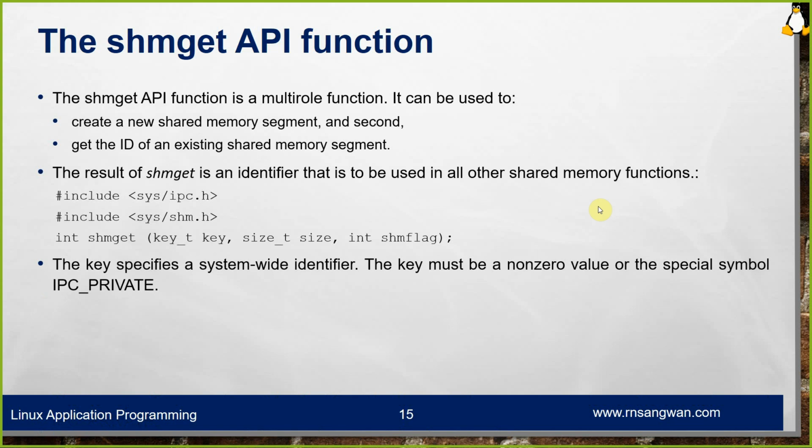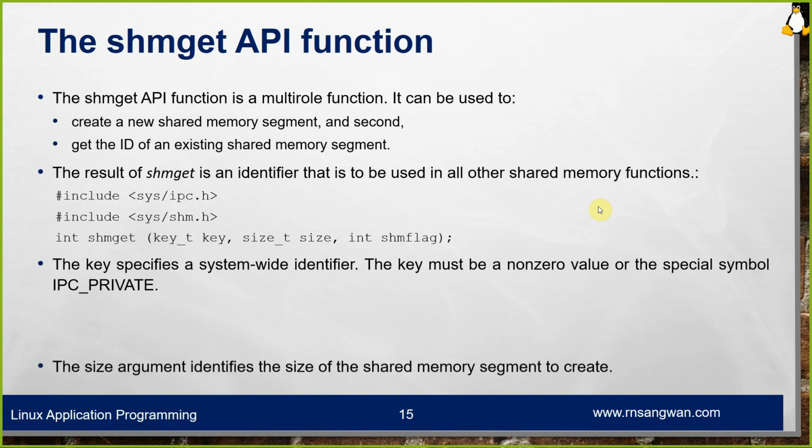It must be a non-zero value or a special symbol IPC_PRIVATE. Recollect the topic which we covered yesterday. The same was used, so the identifier has a similar concept here in the IPC.